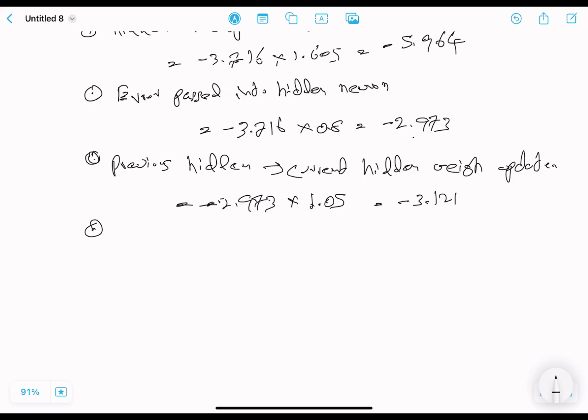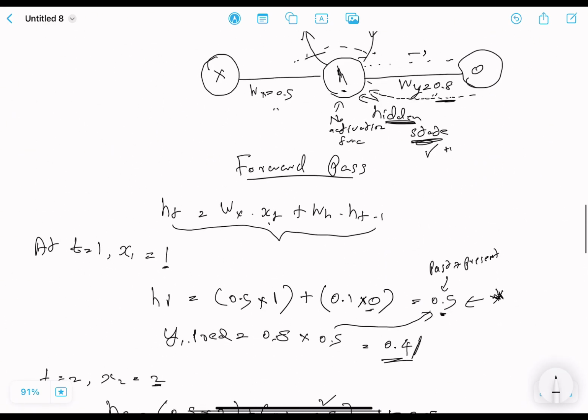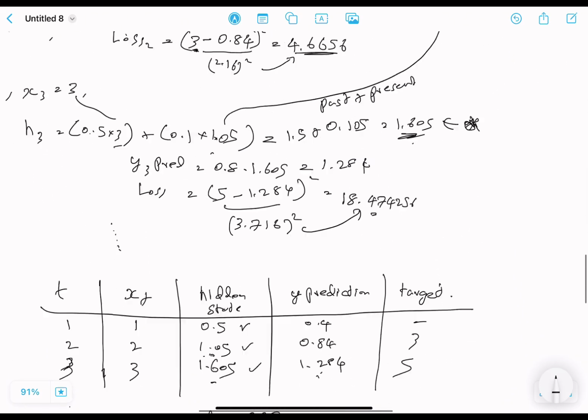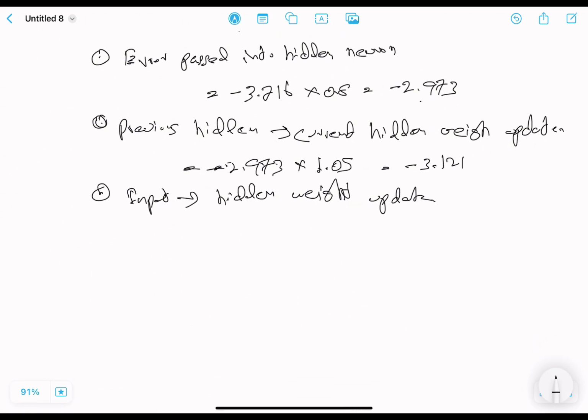And again, let's calculate the input to hidden weight update. So input to hidden weight, which means this part. We always look at the input value here. So minus 2.973, which is this value, into 3, minus 8.919.